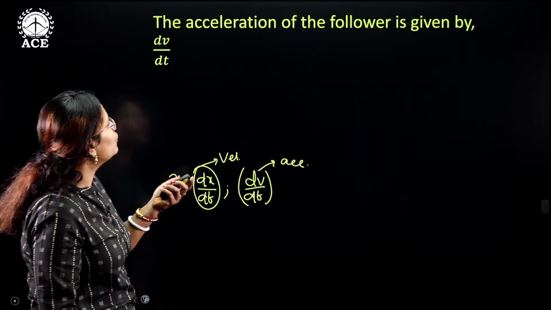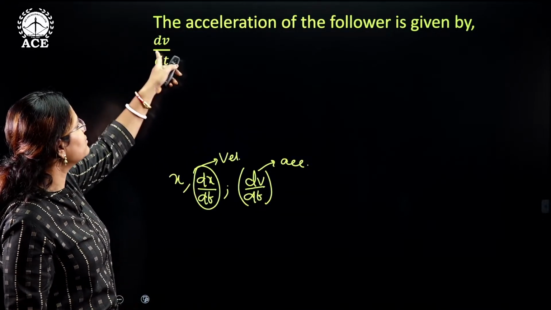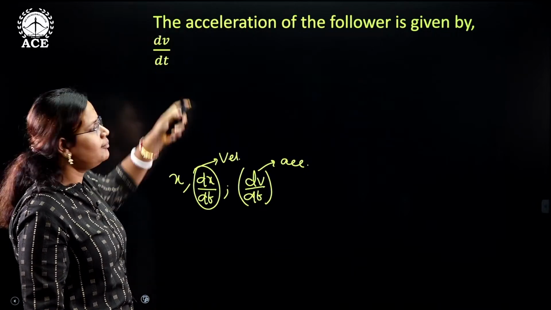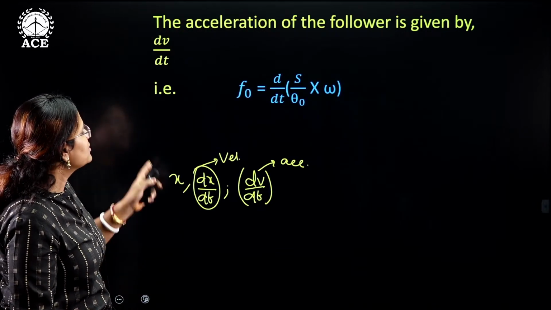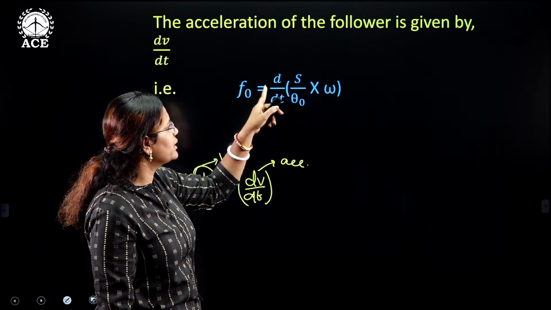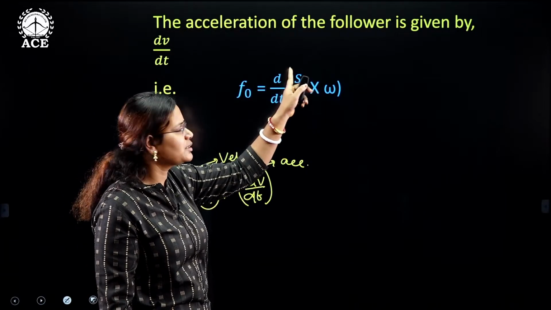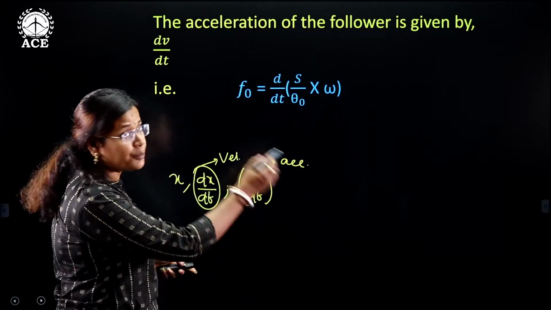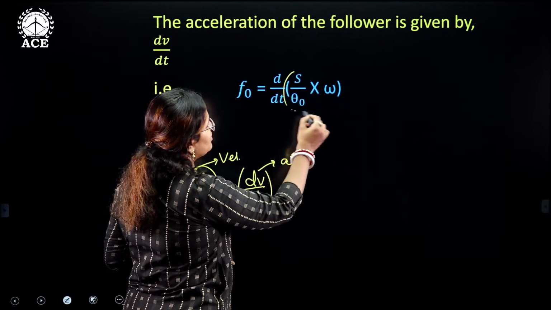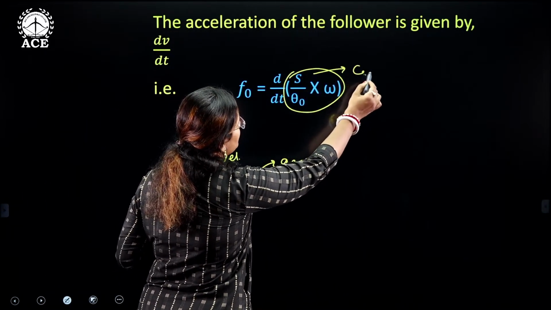So the same thing we will do over here also. For acceleration, we will differentiate this velocity term. The acceleration of the outstroke will be d by dt of this particular term, s by theta naught into omega. And in the previous slide, we said that this particular term is going to be some constant value.